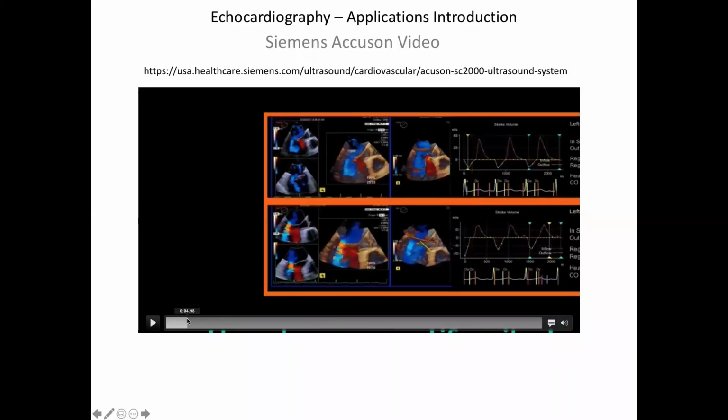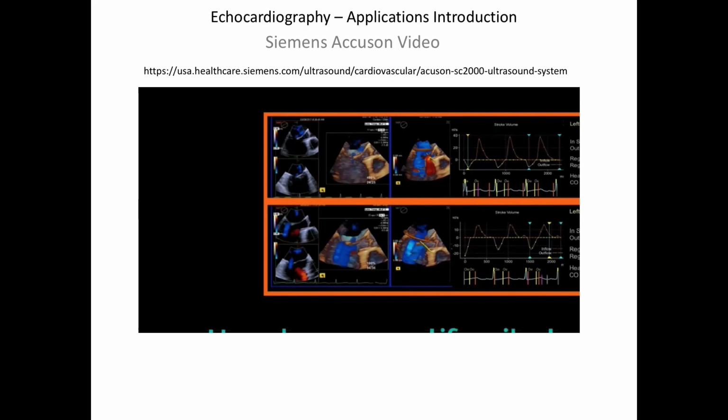So in the central view here, you have a 3D ultrasound with that flow map right on top of the valve plane, which is pretty cool. And then you can measure these flow velocities as a function of time to get some indication of what is the peak velocity through a jet, what could be the pressure difference between the two sides of this jet, given that velocity.